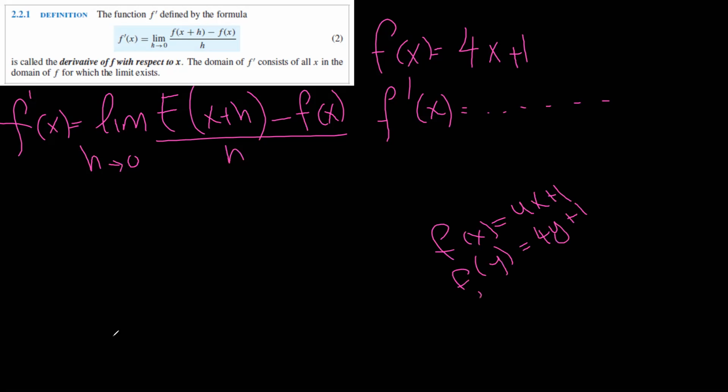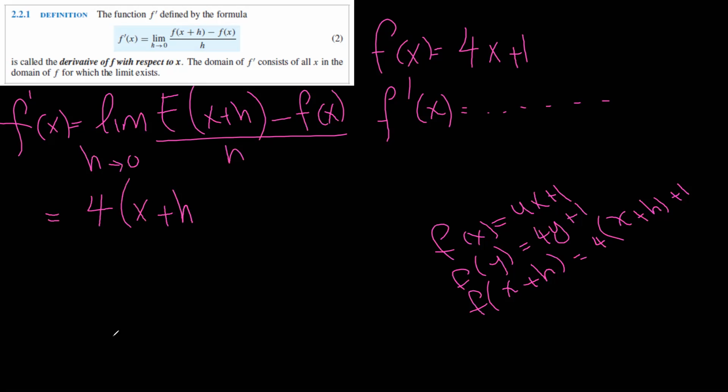Yes. If we have f of x plus h, what will you put instead of x? X plus h. Is it right? Yes. So here, you will have 4, but instead of x, you have to write x plus h, plus 1.